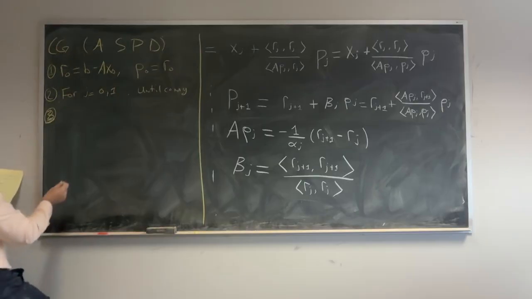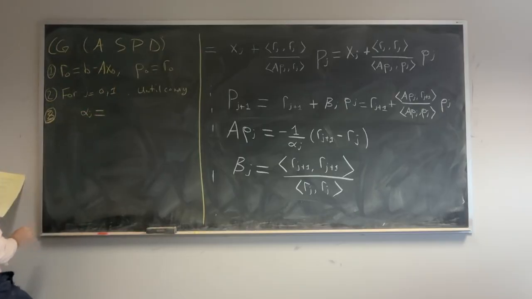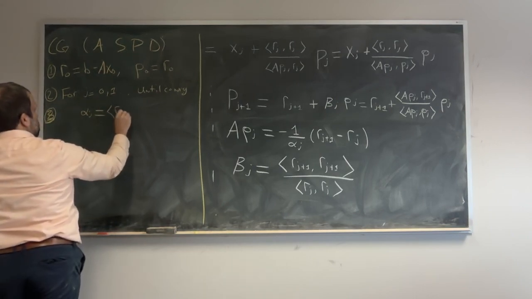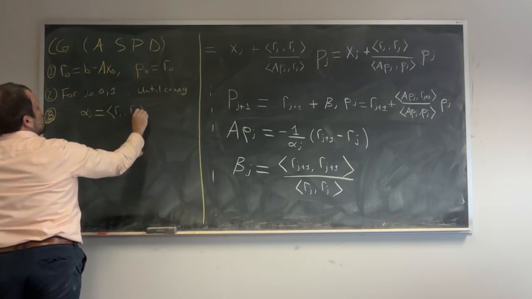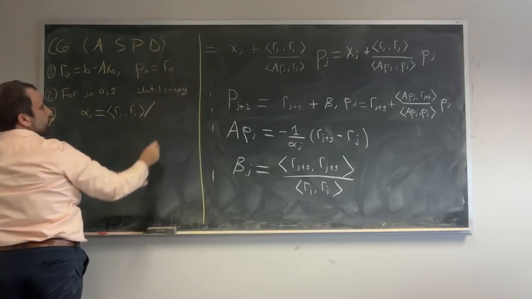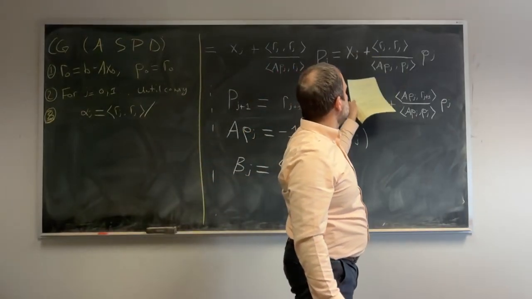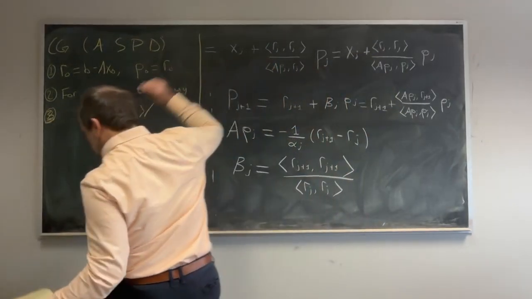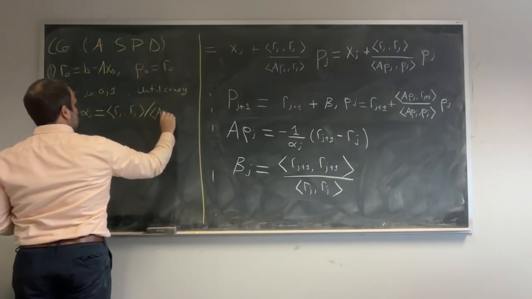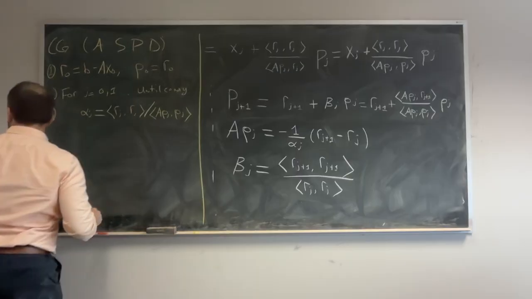Okay, so now we're going to say alpha_j. Alpha_j is equal to (R_j, R_j) divided by (A P_j, P_j). This is our alpha_j.